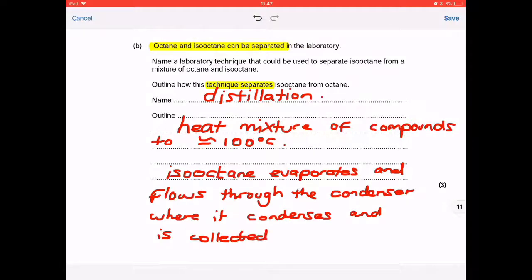So it's just a little bit of analysis of something that we've done at AS, and just talking through how distillation actually works in order to separate a mixture of two different alkanes.